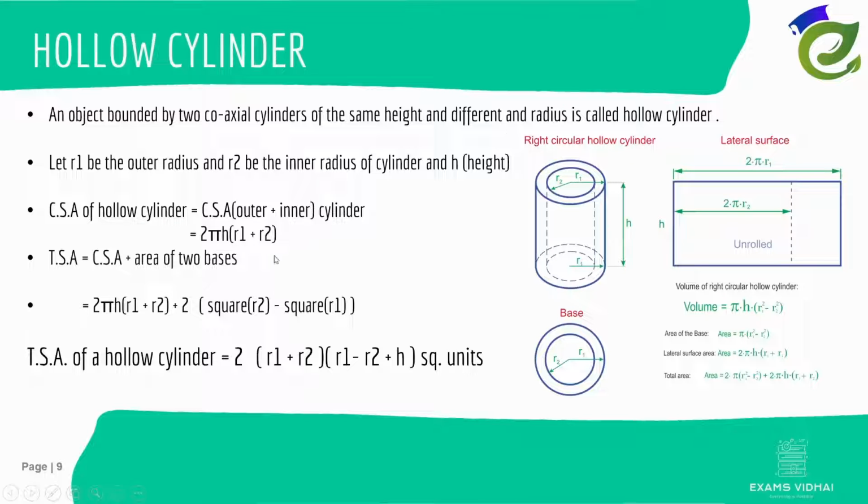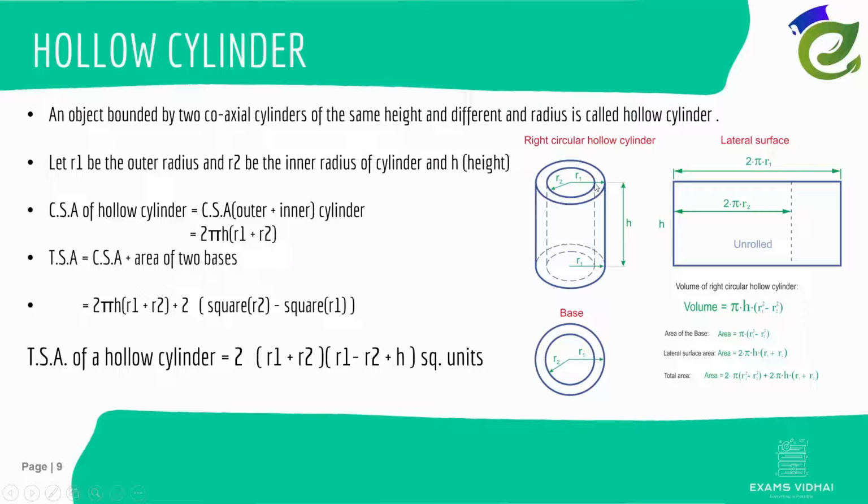Okay, total surface area, as we define, is CSA plus area of two bases. CSA, as we discussed, is 2 pi h of r1 plus r2, plus 2 into pi into the area of each base.